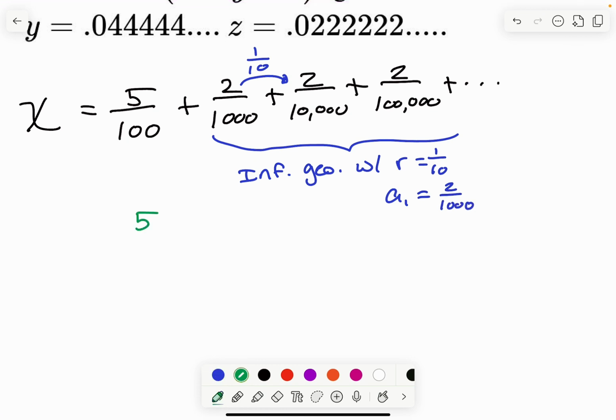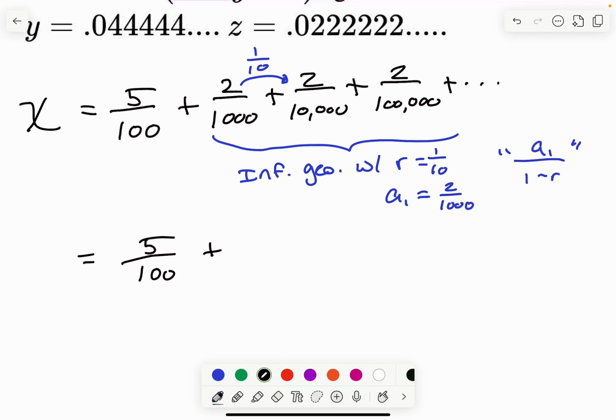So x is equal to 5/100 plus, and then I'm going to use my formula, right? My formula is that the sum is the first term over 1 minus the common ratio.